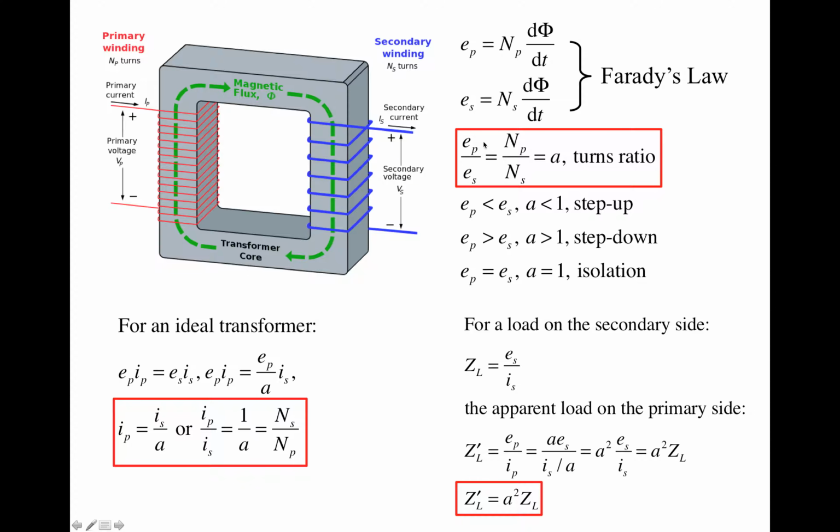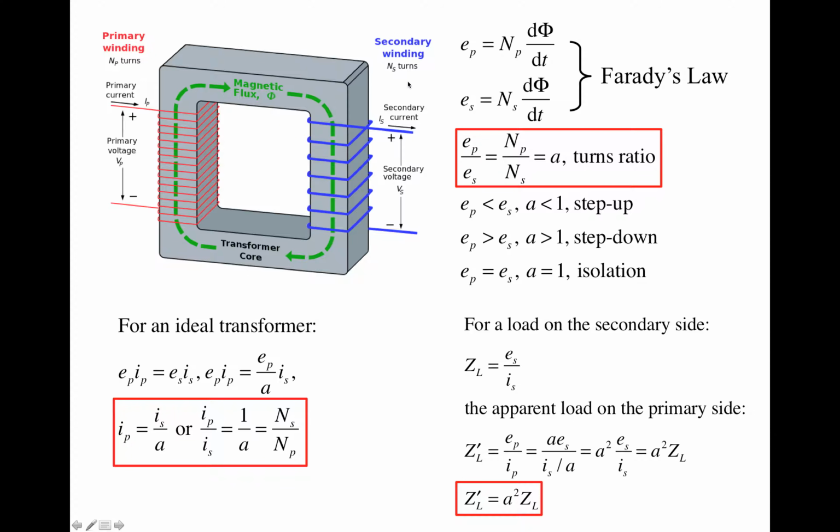The first relation is between the voltage on the primary side and the voltage on the secondary side. It is important to realize that it is the same magnetic flux inside the transformer core that links the primary side coil and the secondary side coil. So Faraday's law tells us that the primary side voltage, e_P.